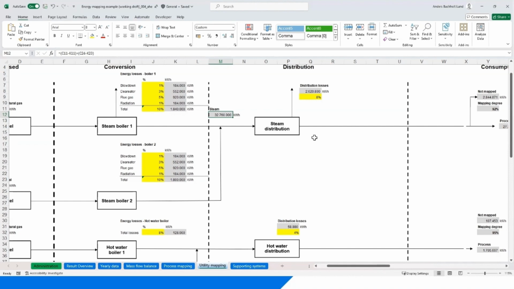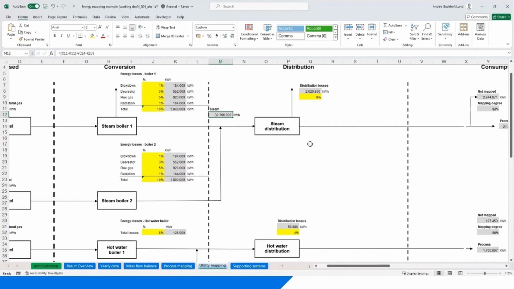So for now, we will just make a rough estimate based on the state of the distribution system. If it's very new, very well maintained and insulated, this number will be very low. If it's old, poorly maintained, and also very widespread, a big system, then this number will be higher.